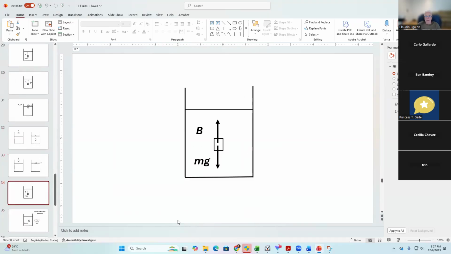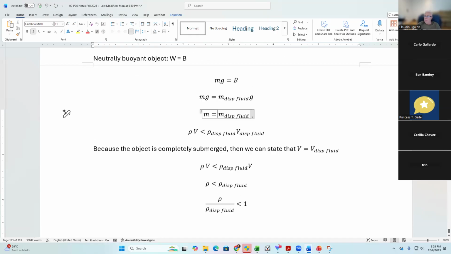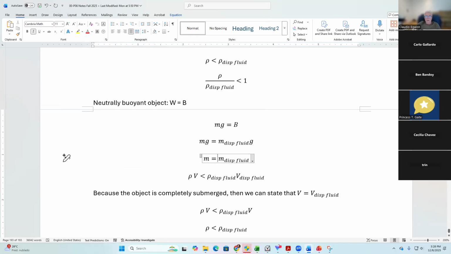Fishes have this capability, and we humans also have this capability of maintaining ourselves neutrally buoyant. So the weight must be equal to the buoyant force. Same derivation as before.